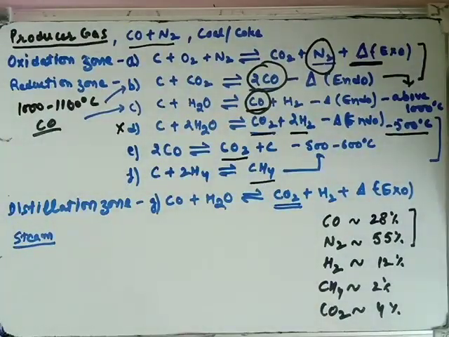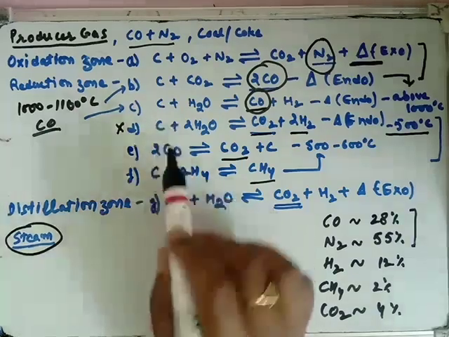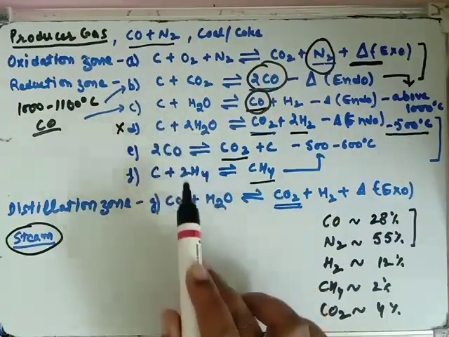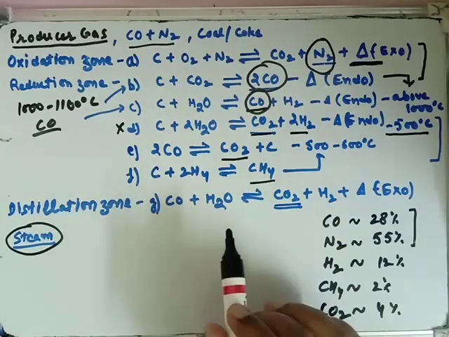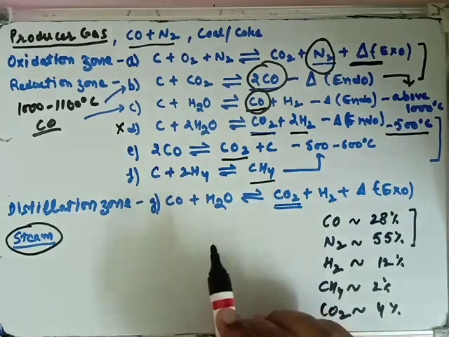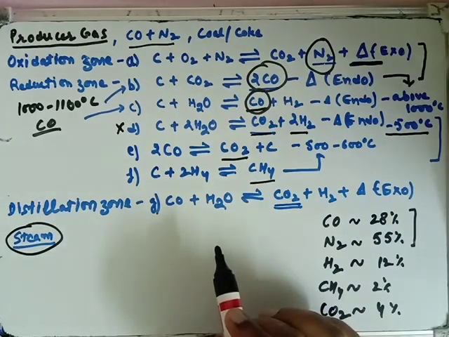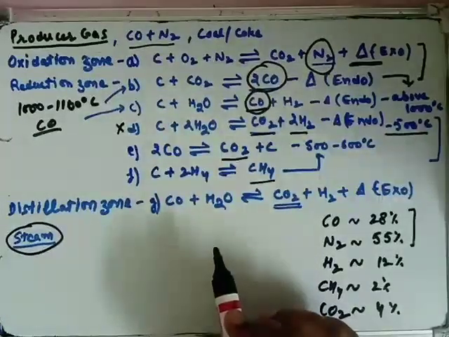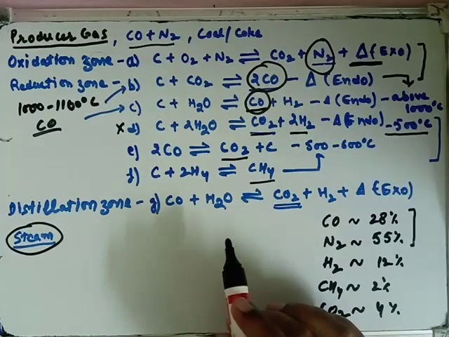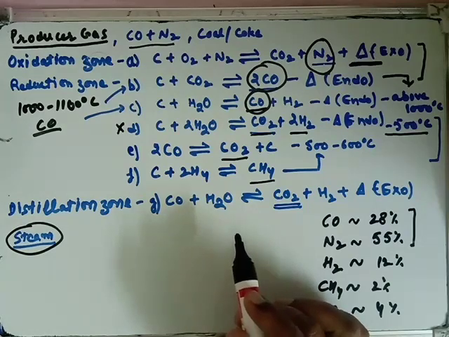Then what is the need of adding steam into the producer gas? Reactions C, D, and F occur when steam is added into the blast, so there is an importance of adding steam in the blast.